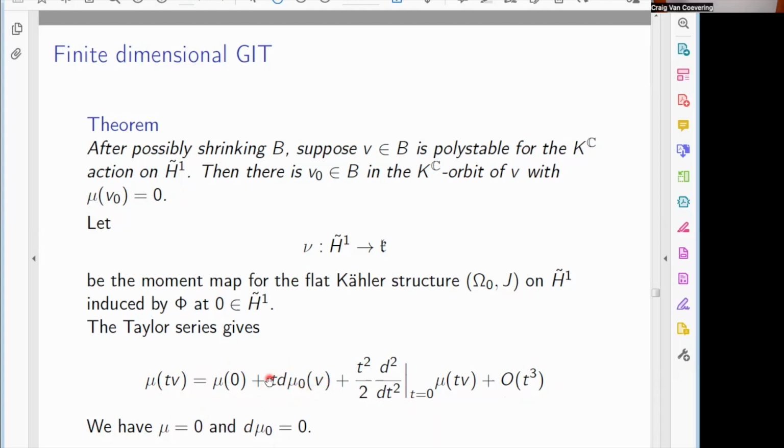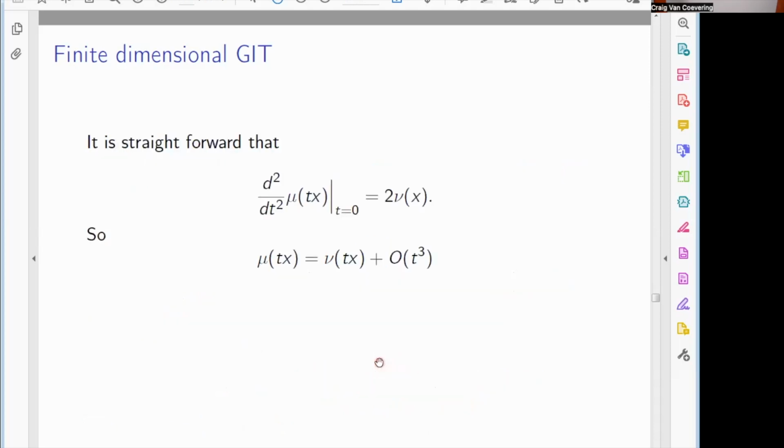D mu is 0 because K preserves the central complex structure J0. And then you have this derivative at t equals 0. And then you can check that this term gives the flat moment map nu. So we get this approximating equation.